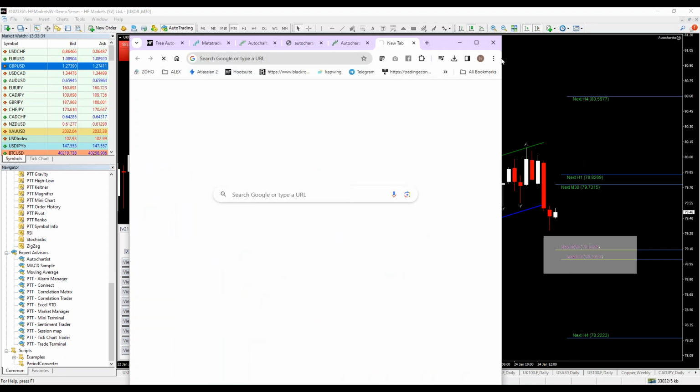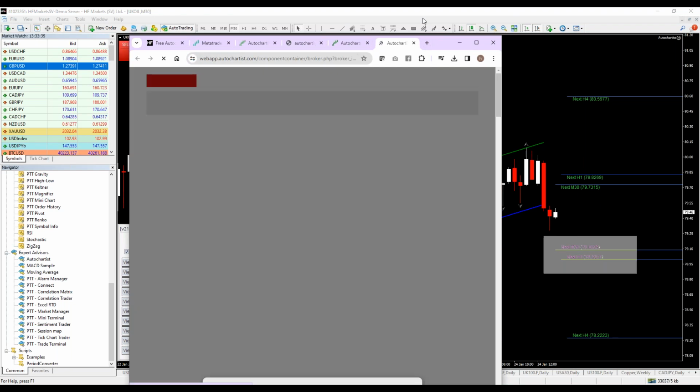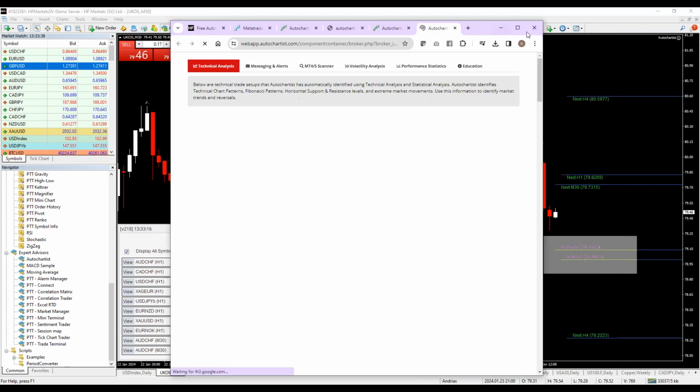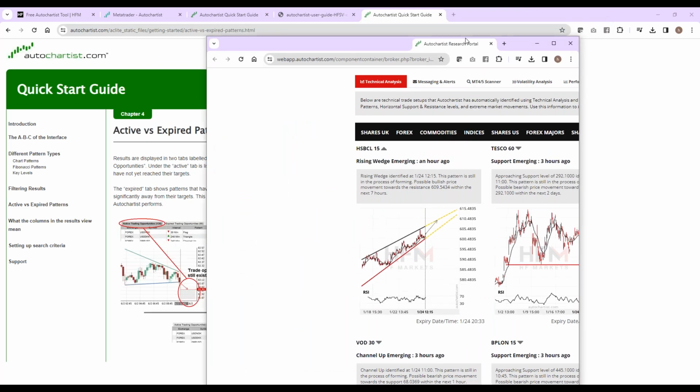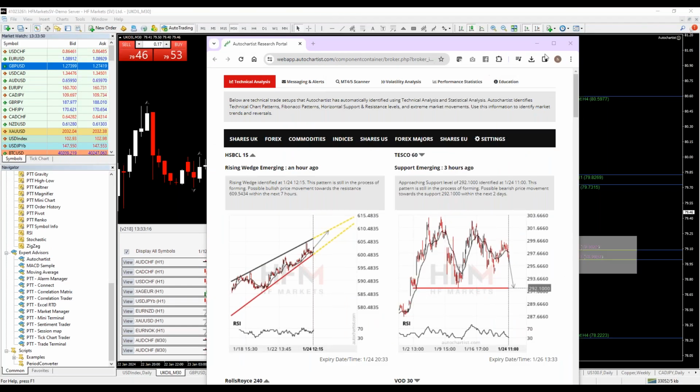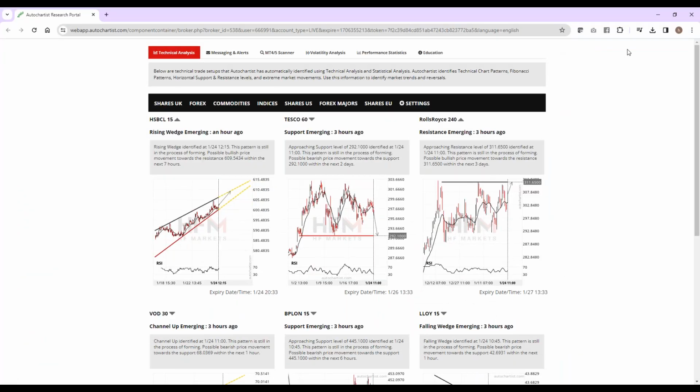Here we are. You will see the web interface of Autochartist. So let's stick to that.